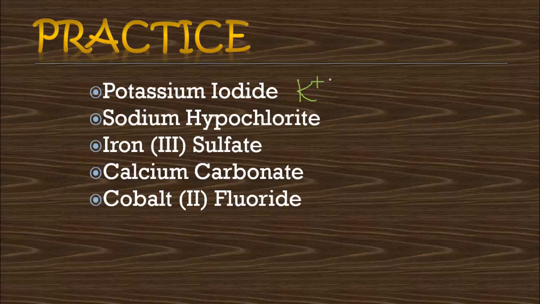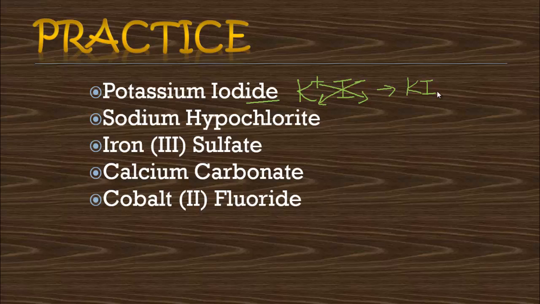Then I have iodide. So how do I know which side to look at? Well, my ending is IDE, so it's going to be just the element. So I have I, and I comes as a -1. So I'm going to crisscross my charges down so that I get KI.